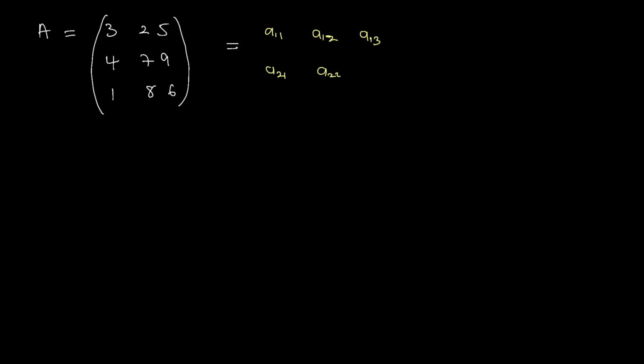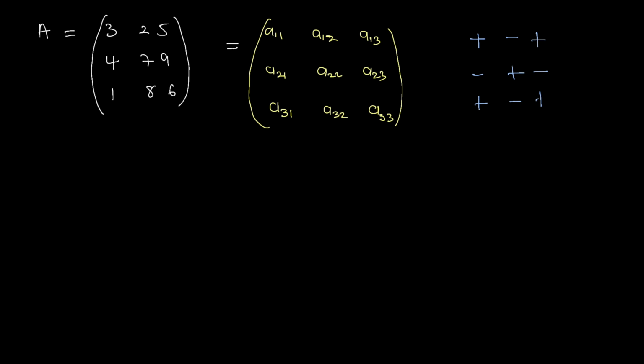We're just identifying the elements, and they have signs, which are plus, minus, plus, minus, plus, minus, plus, minus, plus. So to find the determinant, A equals 3, 2, 5, 4, 7, 9, 1, 8, 6. Let's give ourselves more room to write the matrix.